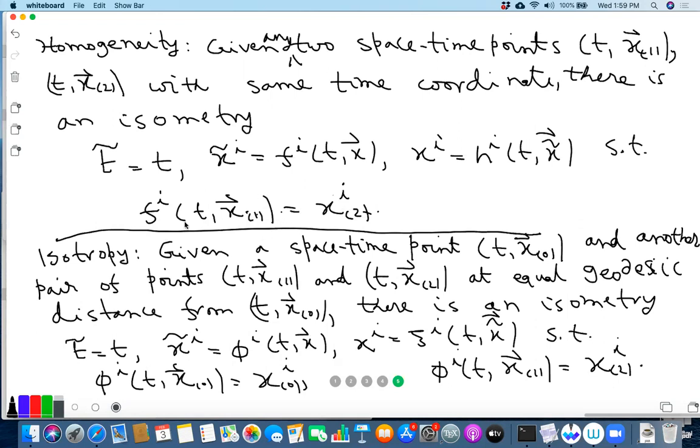It doesn't mean that φ_i will remain the same; if you take two different points, you may need different amounts of translation to relate them. But given two points, you should be able to find a transformation that preserves the metric and takes you from the first point to the second. This is translational symmetry, and the isotropy condition is the generalization of rotational symmetry. Is this okay? Yes, sir. Any other question?